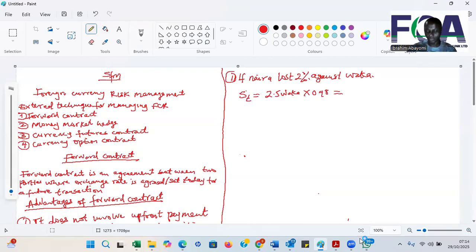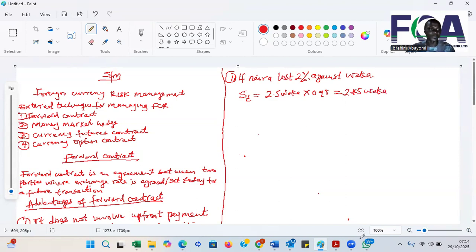We have to reduce that spot rate by 2%. So 0.98 times 2.5. That's 2.45. So we have 2.45 Waka.